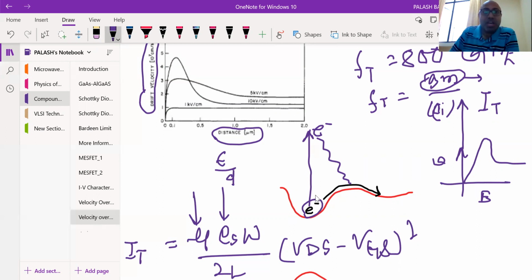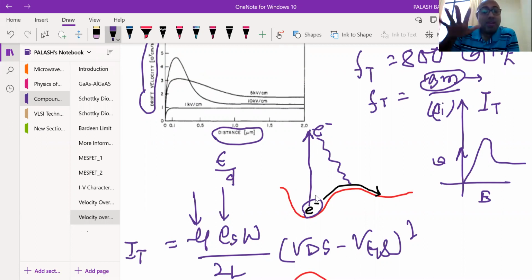This depletion layer is also a function of your gallium arsenide doping. Similarly, W by L, as you know, we cannot play too much with. Why? Because the customer is always asking for a very miniaturized version, so we cannot go beyond that.